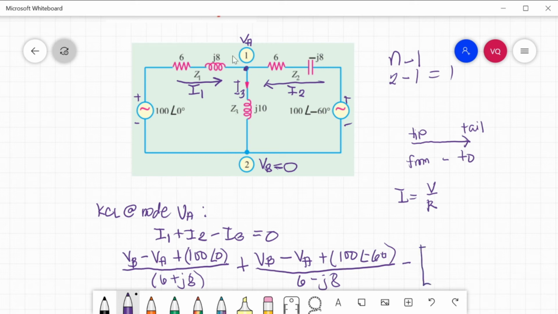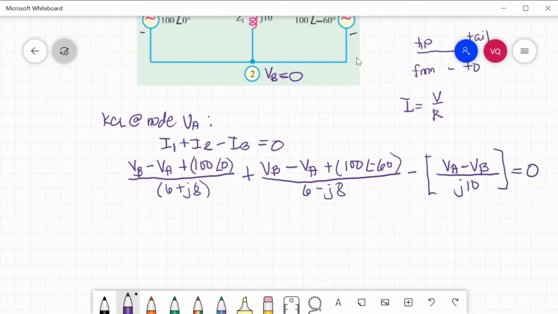Our I3 is from VA, so VA minus VB divided by J10, equal to 0.